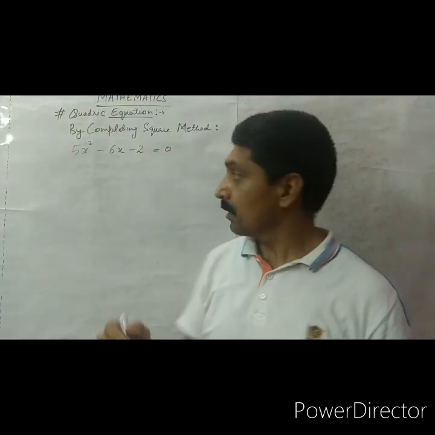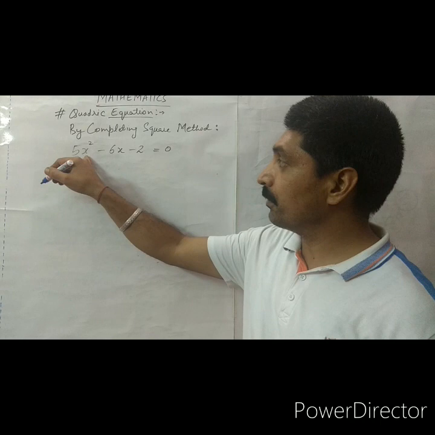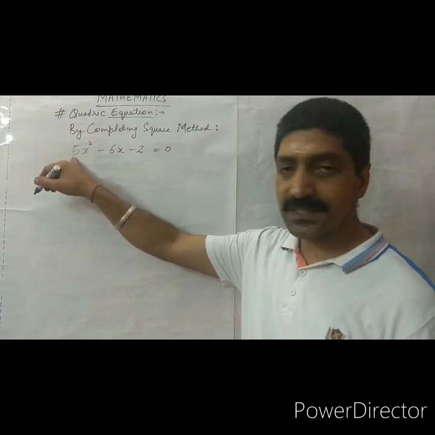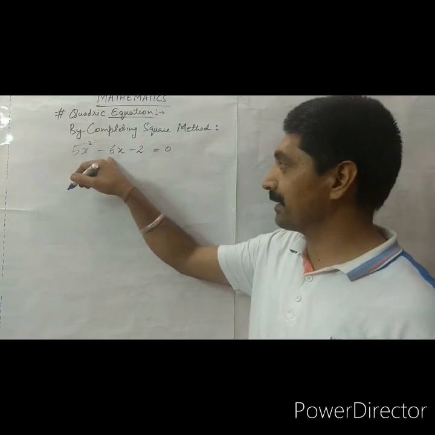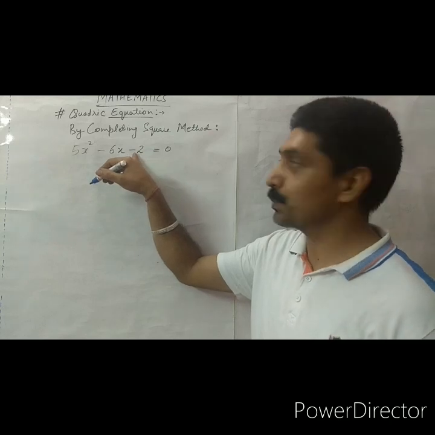The coefficient of x square is 5, so a is 5, b is minus 6, c is minus 2.